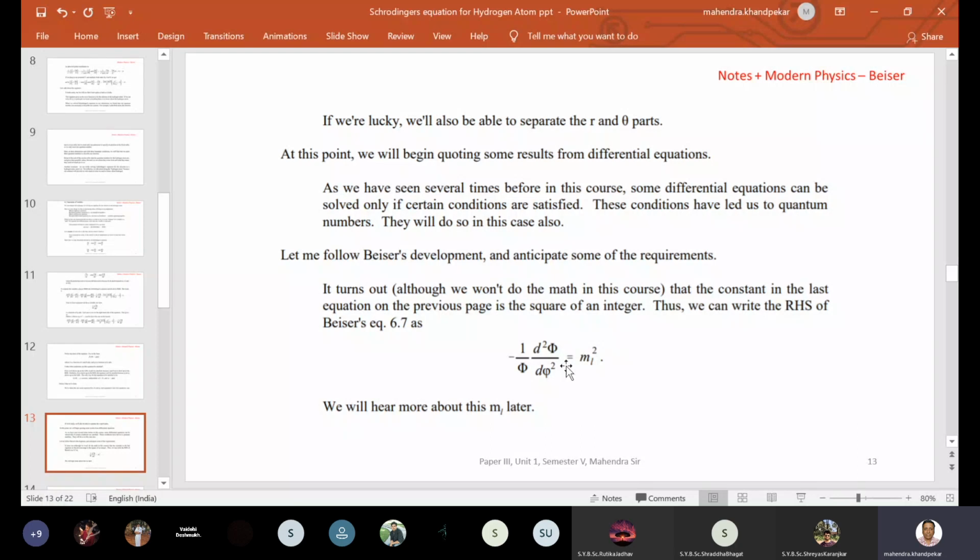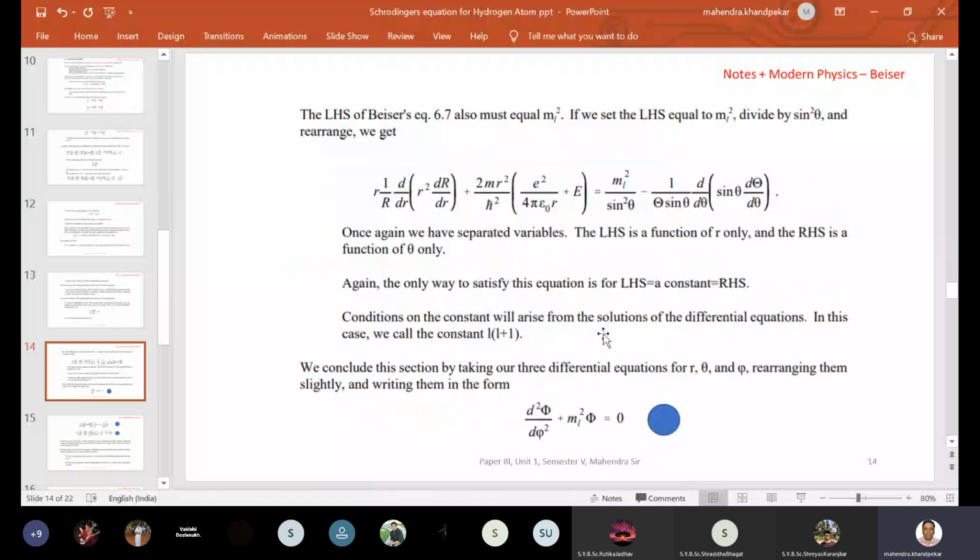So the right hand side, minus 1 by Phi d square Phi by d phi square, is equal to ml square. This is an assumption. Now what is ml? We know it is nothing but the magnetic quantum number, so just remember that first. Then you have equated it to ml square.